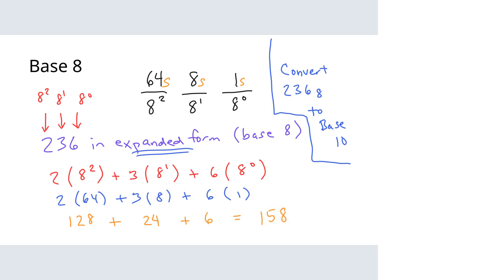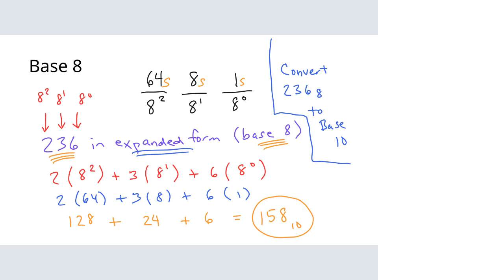What we started out with was 236 in base 8. We just found out that that's equivalent to 158 in base 10. And I should put a little 10 down there just to emphasize that it's base 10. So 236 in base 8 converted to base 10 would be 158.